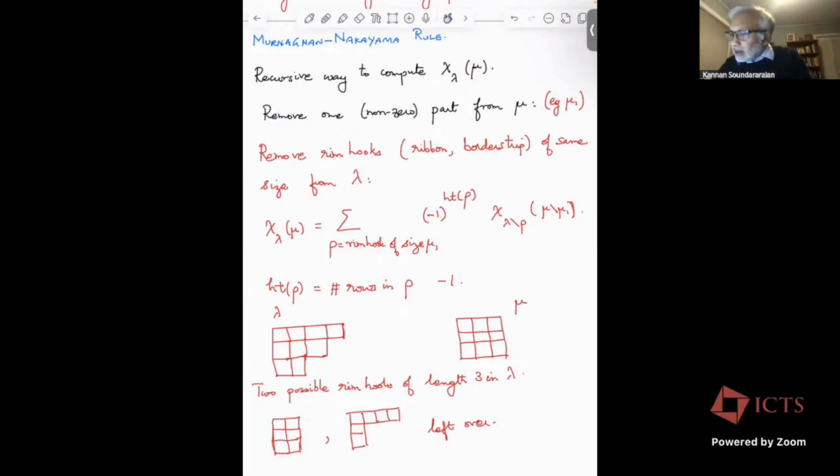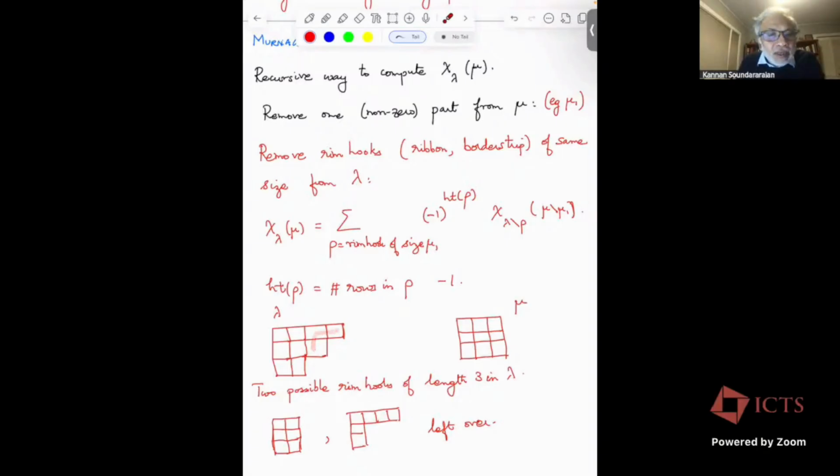Now, I don't know if I can point in this anymore. Let me see if this works. Yeah. So suppose I have this part of length 3. So this I remove from mu, and correspondingly I want to remove something from lambda, and what I want to remove are rim hooks, which are hooks like this. So that's a hook of length 3.